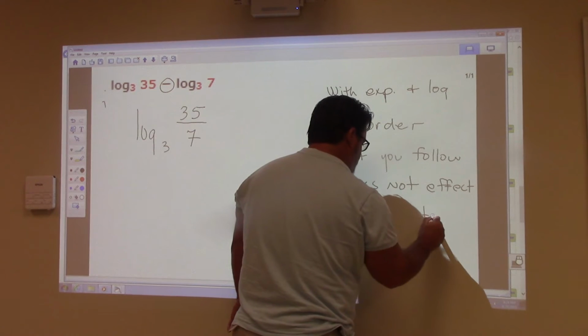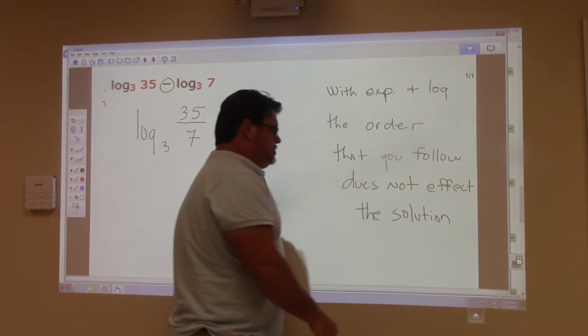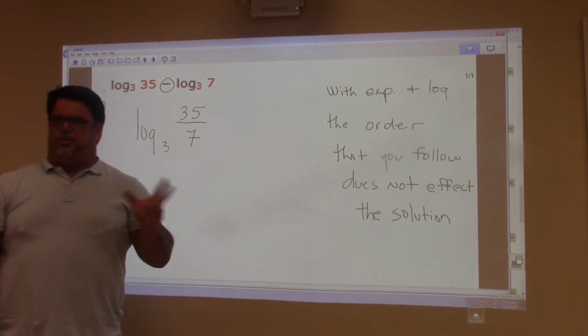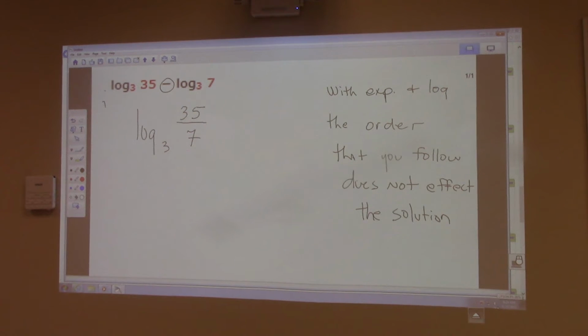Now, what does that mean? Well, in many of the exponential and logarithmic problems, you can use different orders. You could do the quotient rule first, you could do the power rule first, you could do the quotient rule second. The answer will still be the same.